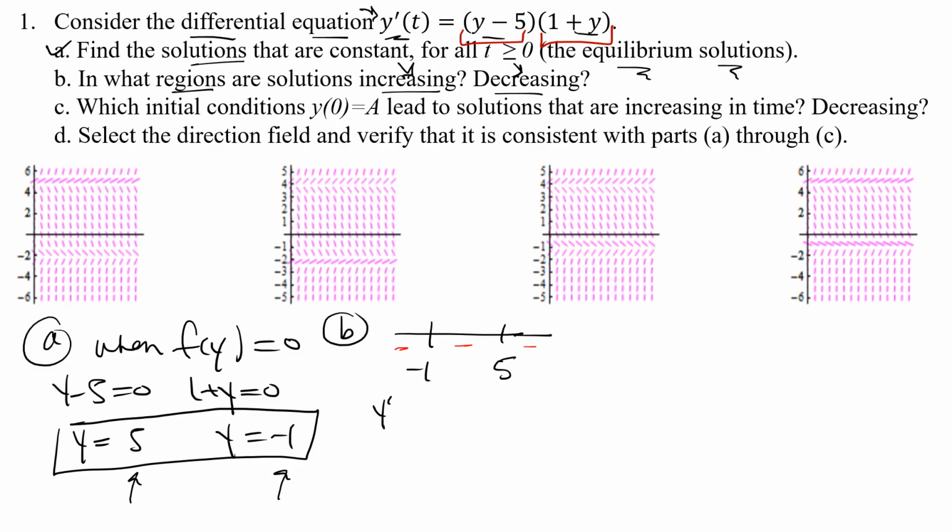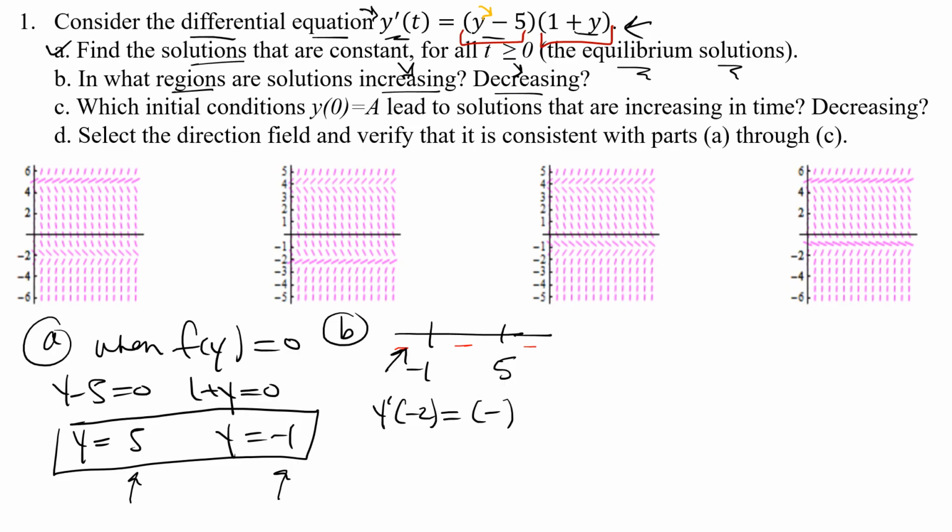Let's plug in something less than -1. Let's suppose we take -2 and plug it into this function. If we plug -2 into this first factor, what kind of number do we get? A -2 minus 5 is going to be a negative number.